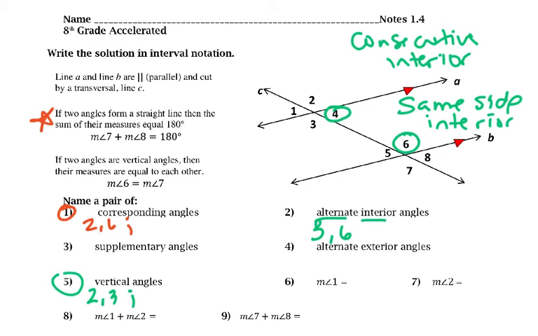I usually say same side interior. But same side interior angles, they are supplementary to each other. They add to be 180. So another set of supplementary angles we would say is angle 4 and angle 6. They add together to be 180. And next year, when we get to secondary 2, we'll actually be proving that that's true. But I can just tell you right now why it's true.